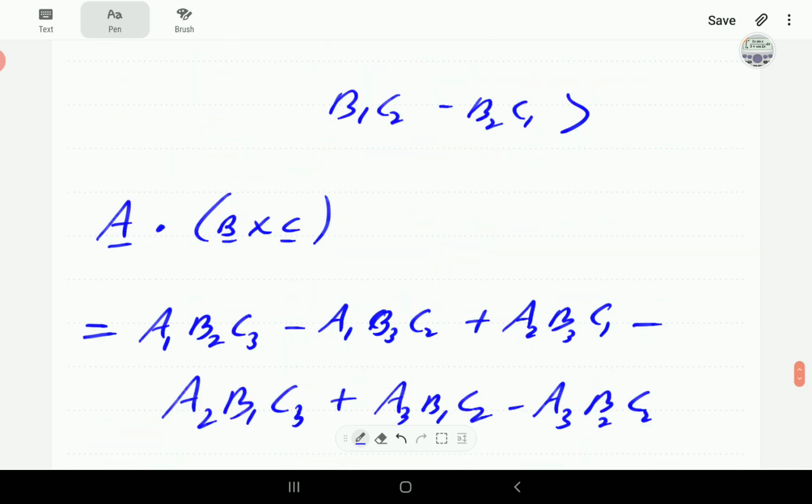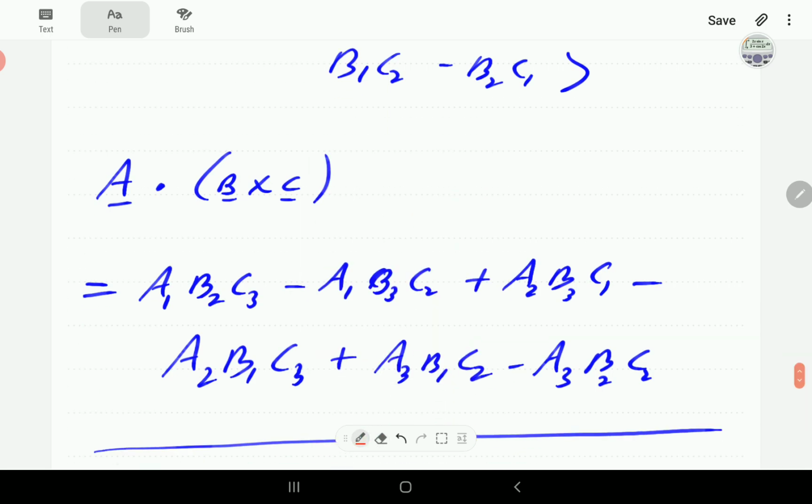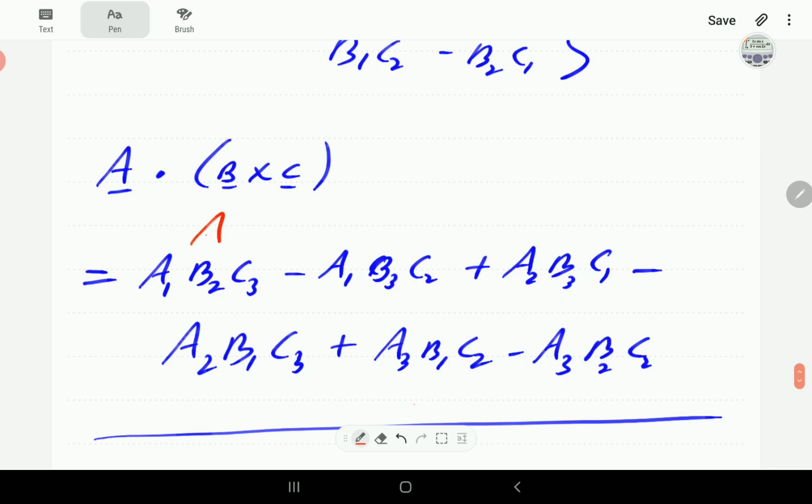So in fact what we can do here, if we just factor out A1, it's B2 C3 minus B3 C2, and then between these two we can factor out A2.